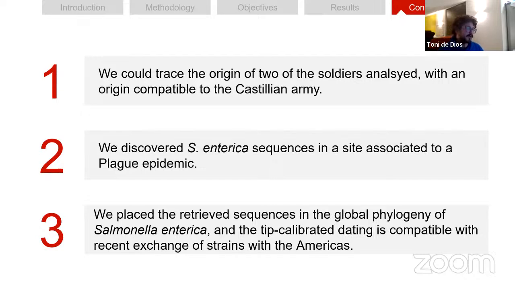And the final conclusion is that the tip-calibrated phylogeny is compatible with a recent exchange of Salmonella strains between the Americas, namely the epidemic strains, and the Spanish strains during the Reapers' War.